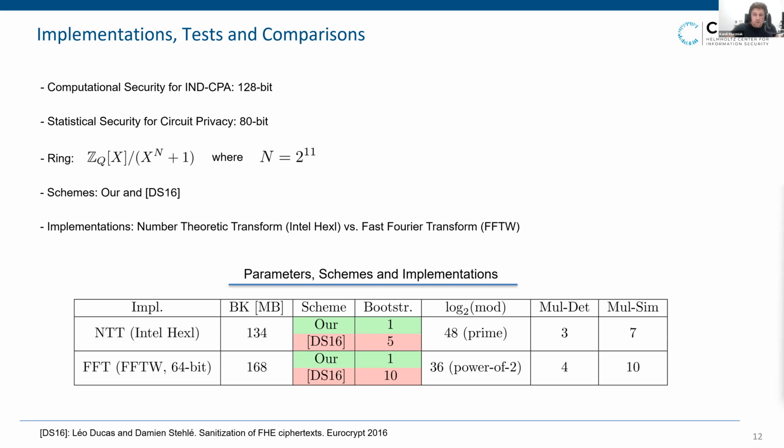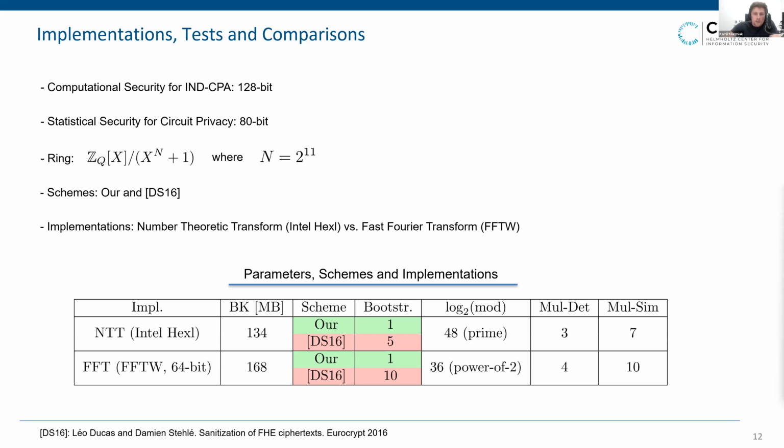And you can see the consequence of this in the last two columns. So for FFT, we need to compute more multiplications. Then the largest difference between my scheme and the DS16 is that I need always one bootstrap, whereas the DS16 needs 5 or even 10 to sanitize a ciphertext.